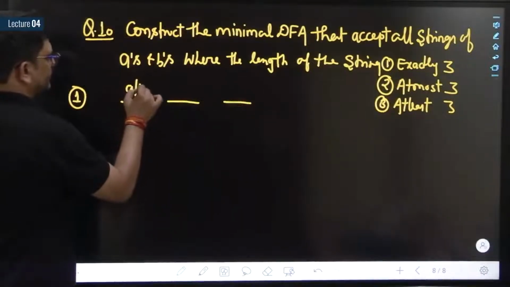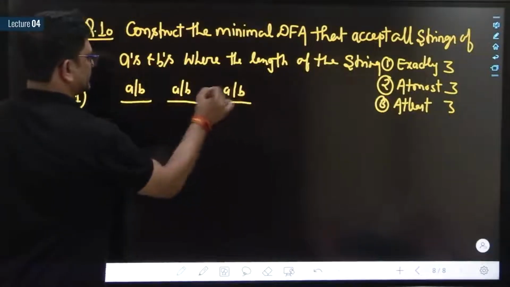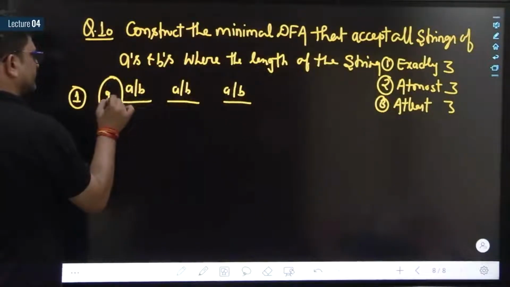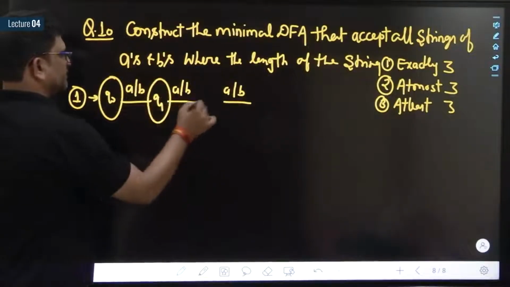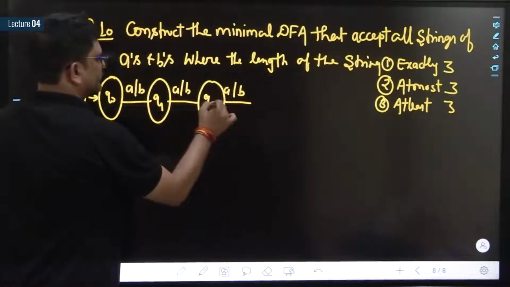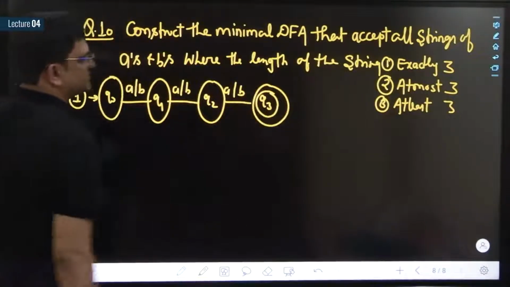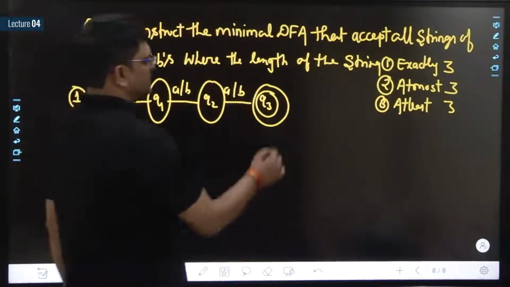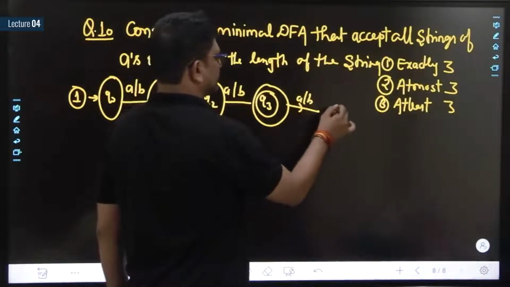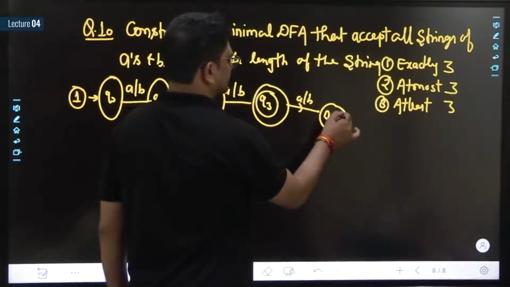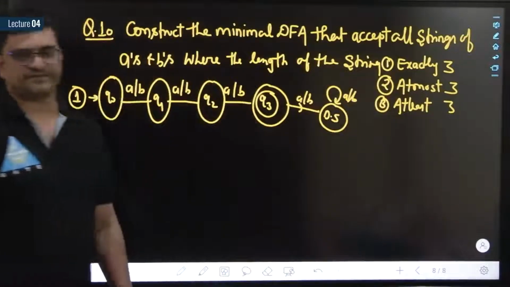We can put A or B, A or B, A or B. Q0 is the initial state, Q1, Q2, Q3. This is our final state. If A and B come onto Q3, it goes into the dead state. This is our first question.